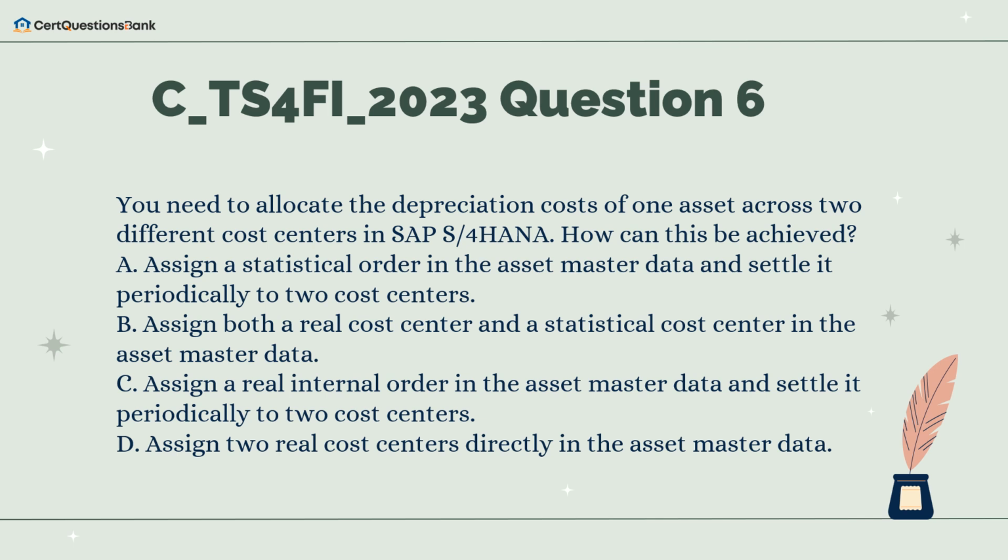B. Assign both a real cost center and a statistical cost center in the asset master data. C. Assign a real internal order in the asset master data and settle it periodically to two cost centers. D. Assign two real cost centers directly in the asset master data.